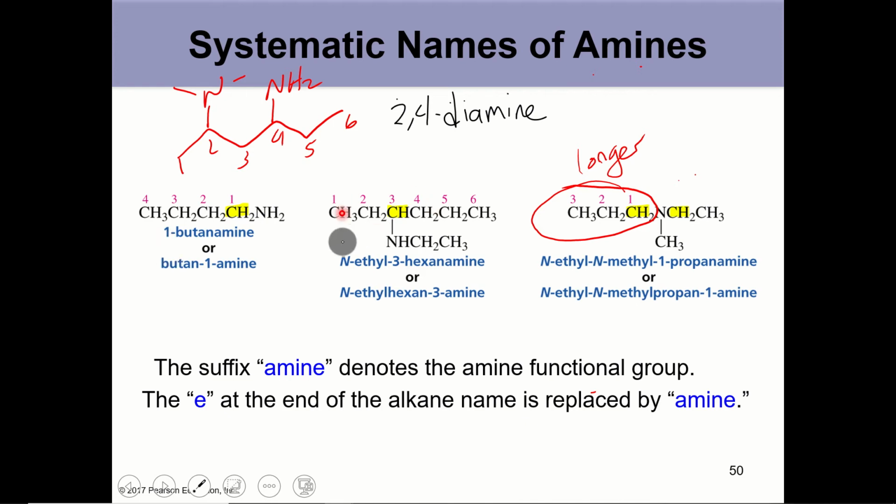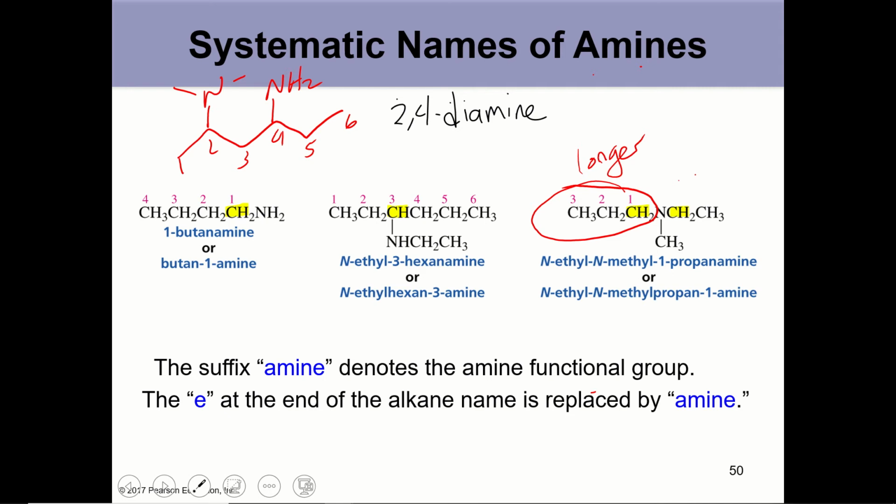For the middle chain, the longest chain that has a bond to nitrogen is 6 carbons, and the bond to nitrogen is at carbon 3. So that is a hexanamine. Hexan for the longest carbon chain, and amine for the fact that the functional group it is bonded to is the amine.